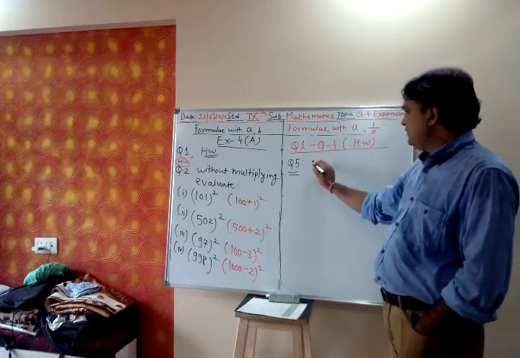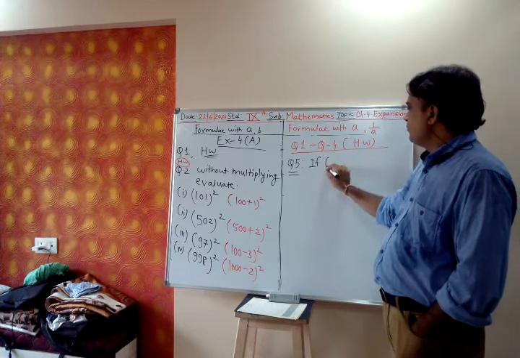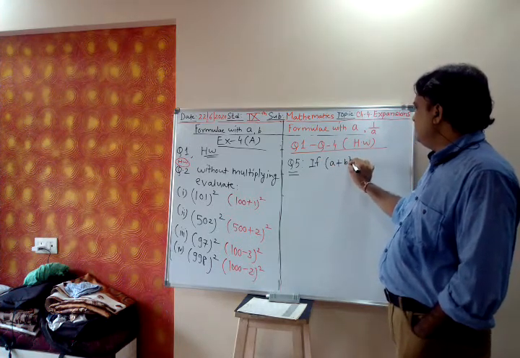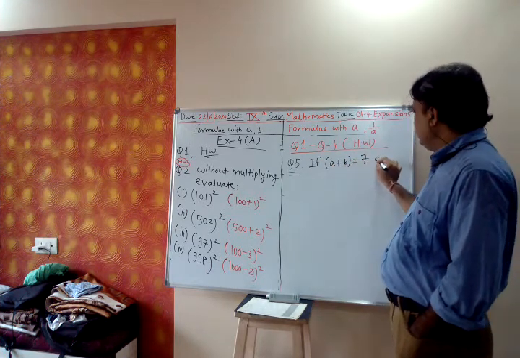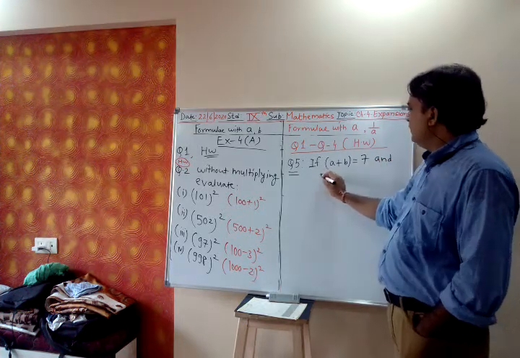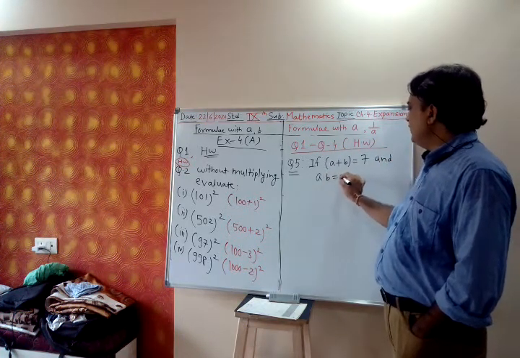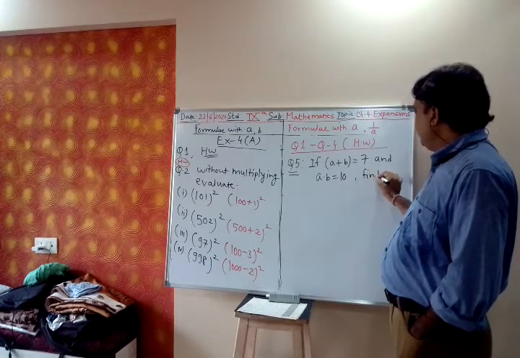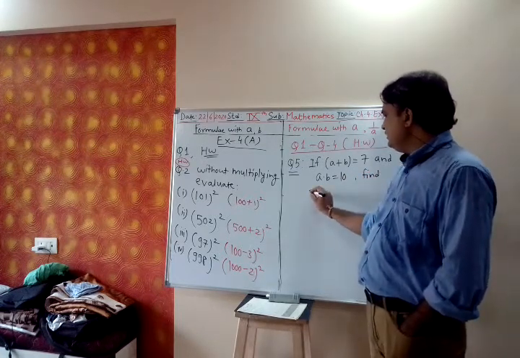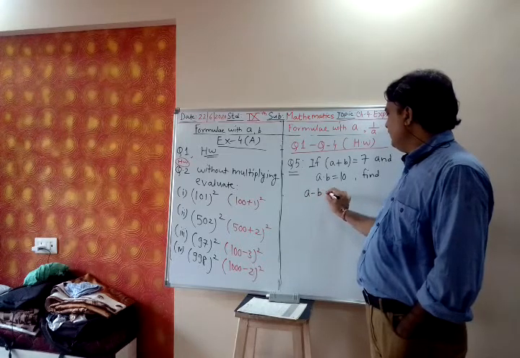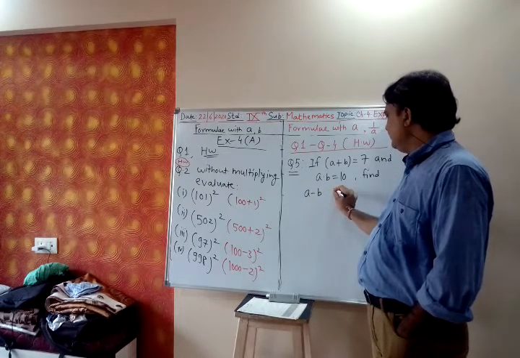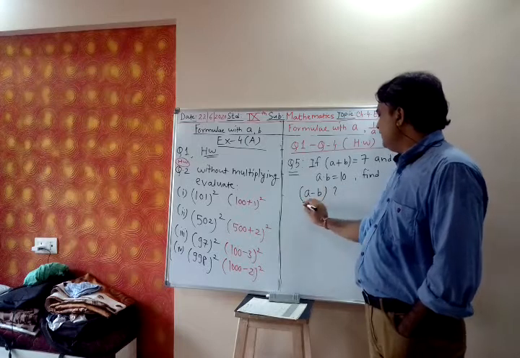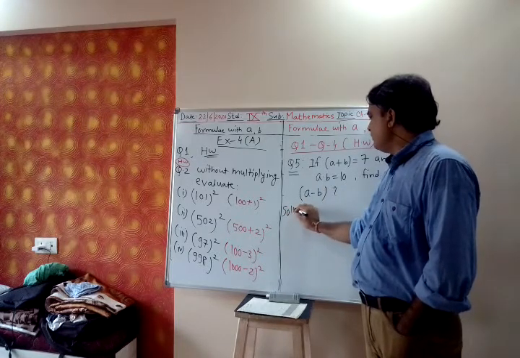Question number 5 is, if a plus b is 7 and a into b is 10, find the value of a minus b. This value we have to find, a minus b.